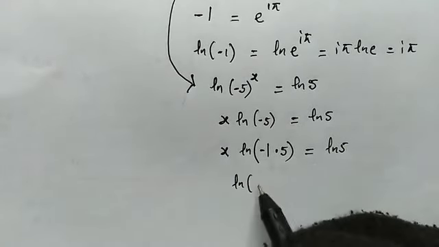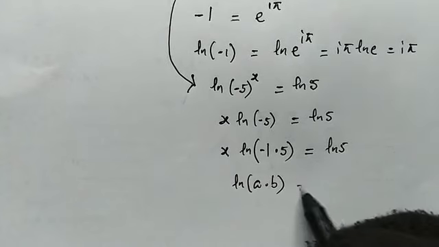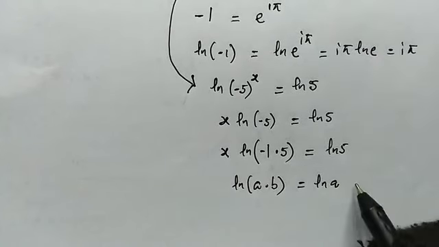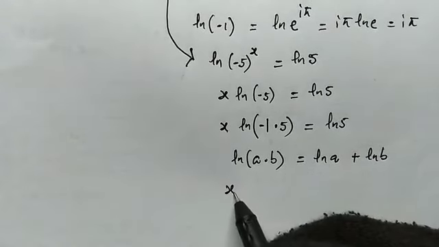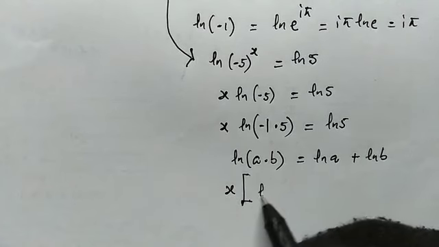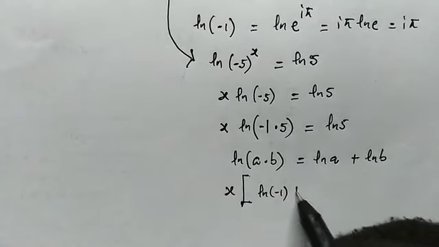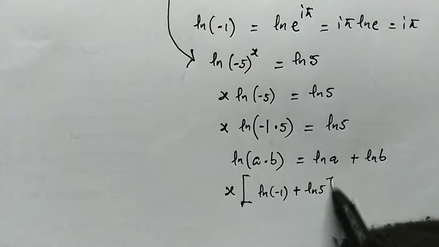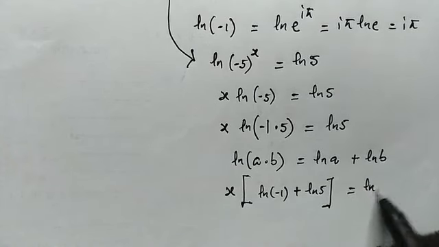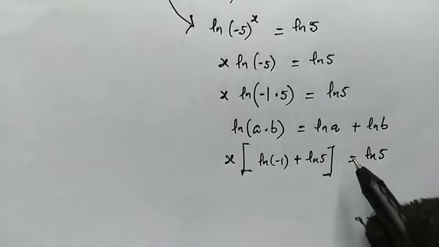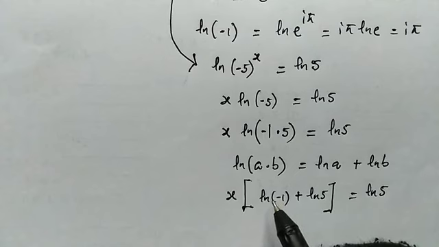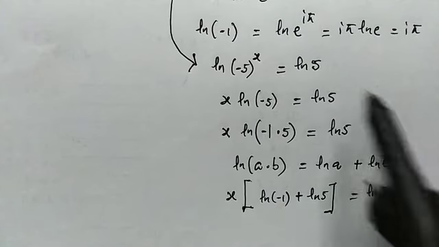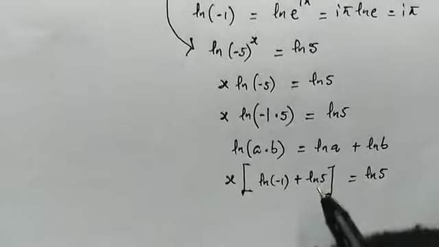Let us take note of this. The natural log of a times b is equal to the natural log of a plus the natural log of b. So from here, that will be x into bracket, the natural log of negative 1 plus the natural log of 5. And this is equal to the natural log of 5. So we can see from here that we have arrived at the natural log of negative 1, which we found here to be i pi, right?